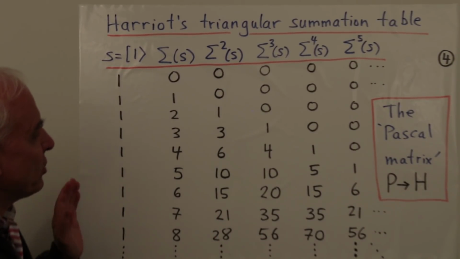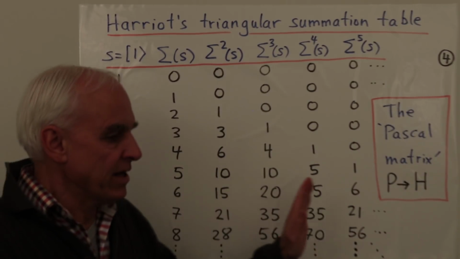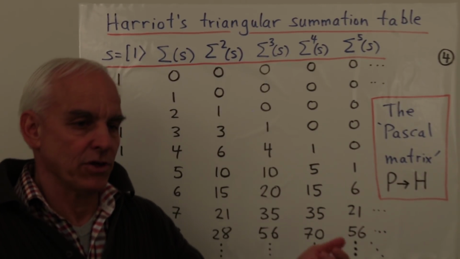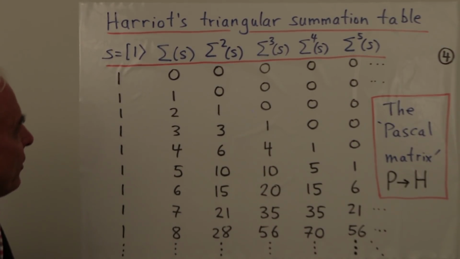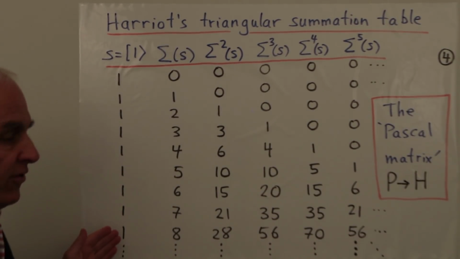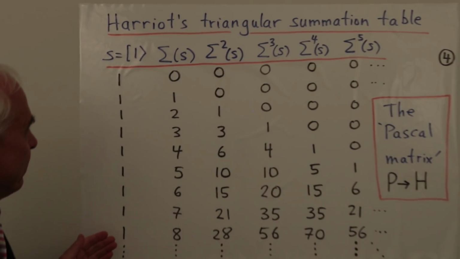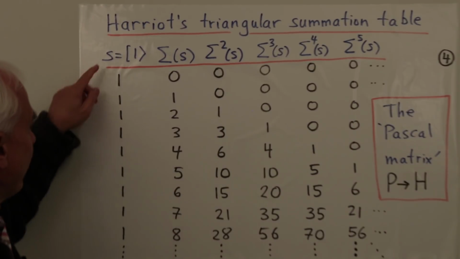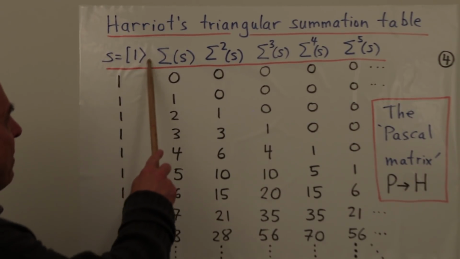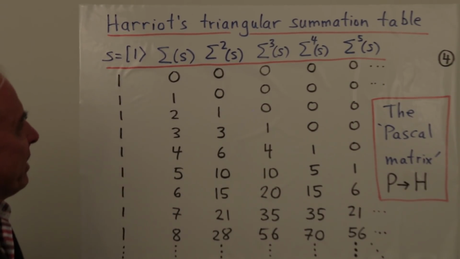But now we're going to read it from left to right in terms of summation. So previously differences, now summation. And the sequence that we're starting with is the simplest, arguably, of all. It's a sequence of just constant ones. So that's S. Here's our name for it, but we'll explain that later.